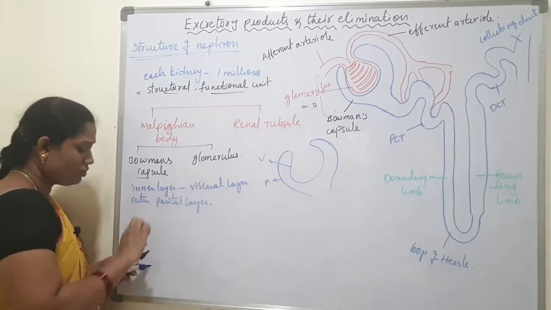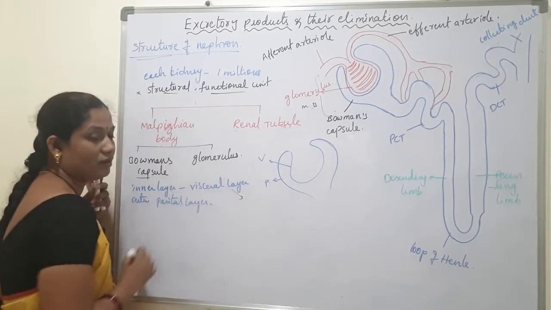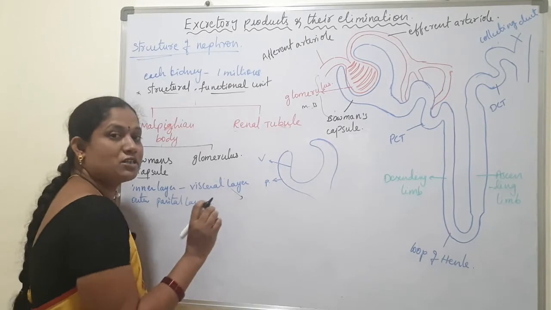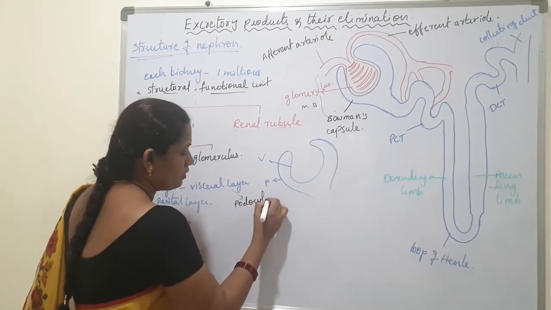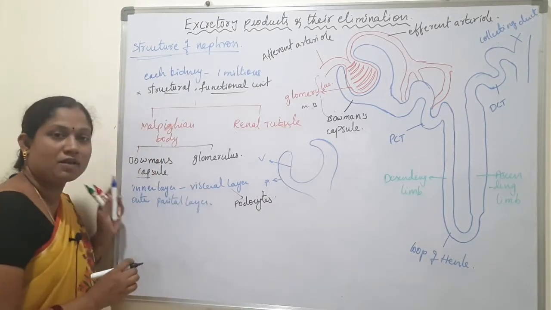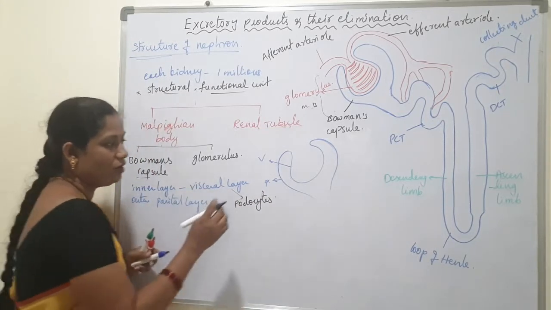The visceral layer is made up of a special type of cells called podocytes.